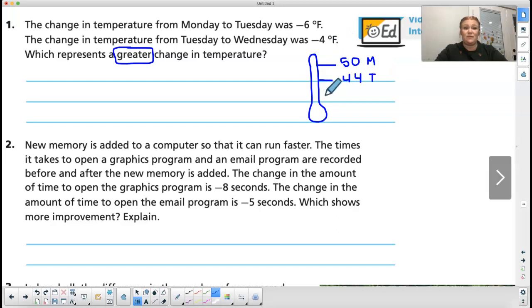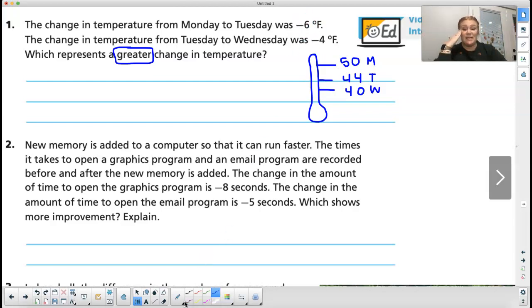And then it drops another 4 degrees. And so then on Wednesday, it is down to 40. So we need to think about this in terms of which one is a bigger drop, not necessarily which one is the bigger number with their value.